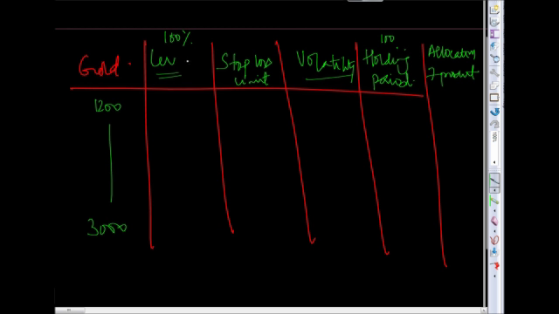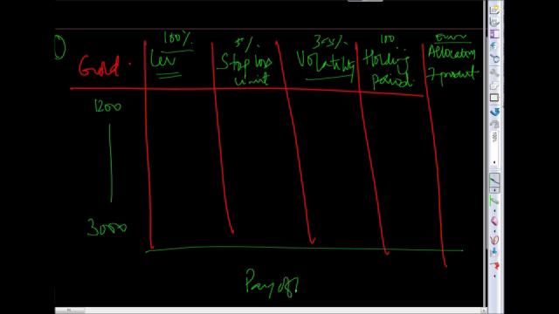If I use 100%, scenario number 1 is, I use 100% leverage, I use a stop loss limit of 5%, I use a volatility threshold of 3.5%, I use a 100-day holding period, and I do an even distribution across the 7 products. What's my payoff across these ranges? Right? So what's my payoff across these ranges?